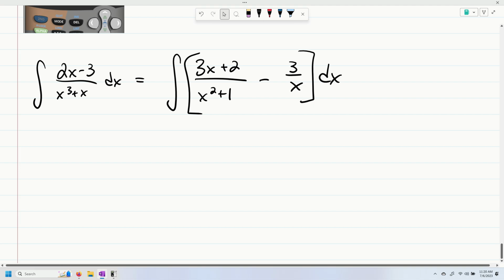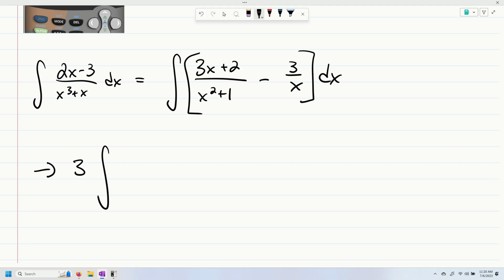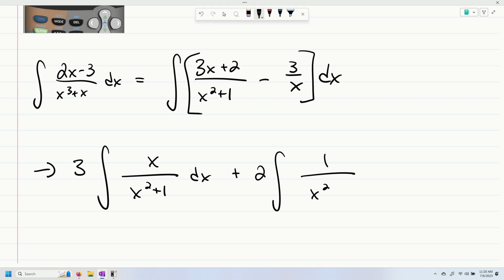So let's go ahead and do that. Initially, and you're going to have to do a little bit of algebra here, all right? But you're going to get 3 times the integral of x over x squared plus 1 dx plus 2 times the integral of 1 over x squared plus 1 dx minus 3 times the integral of 1 over x dx.